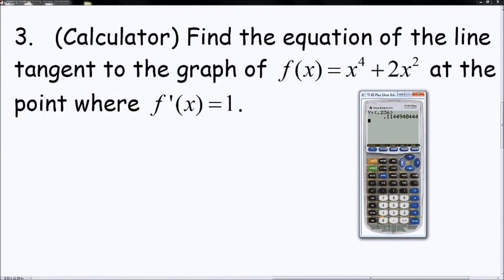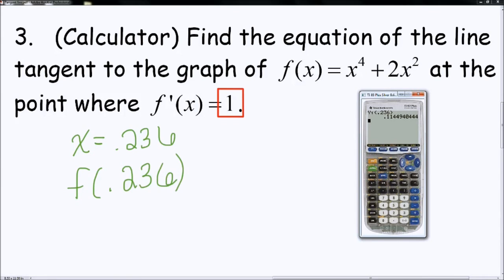So using the calculator, we know what m is. They gave it to us. M is 1. We found, using the derivative, we found what our x coordinate is. We found x was going to be 0.236. And then we plugged in 0.236 into f. And we got 0.114.